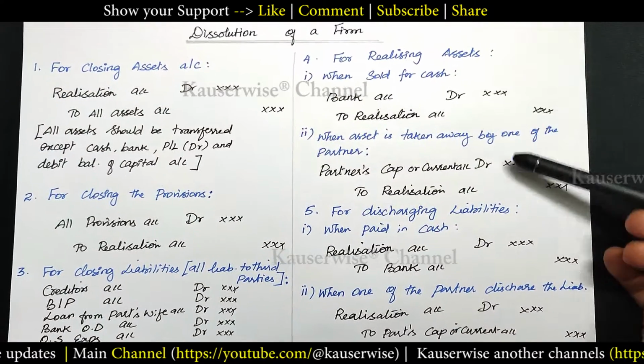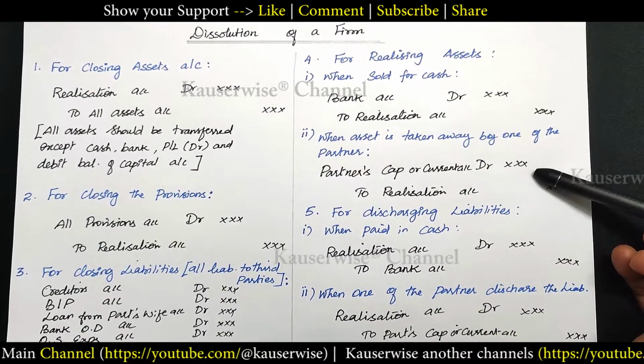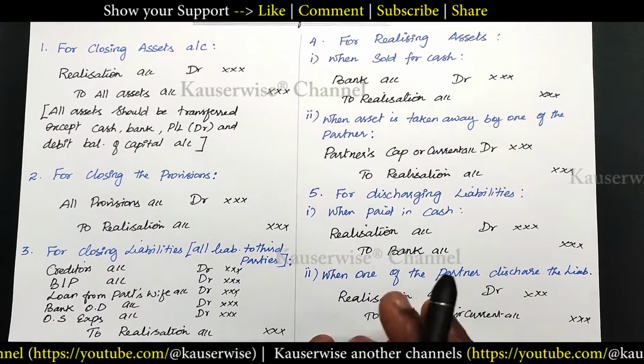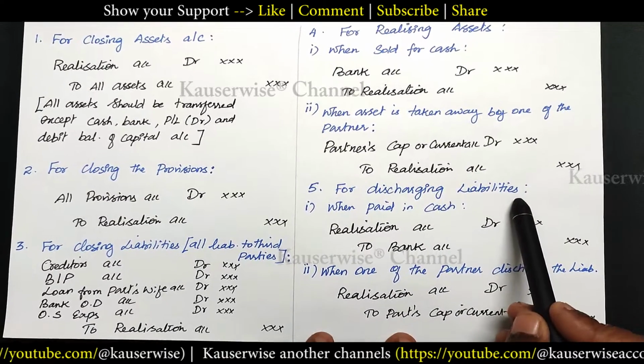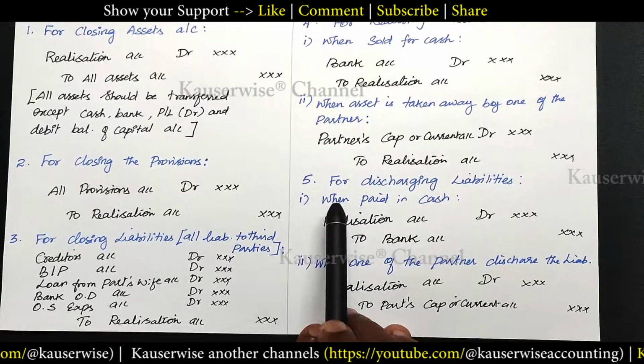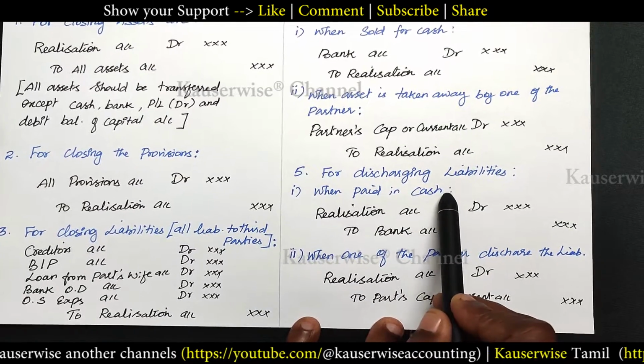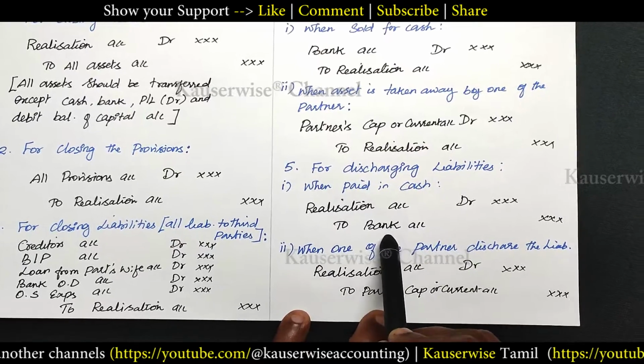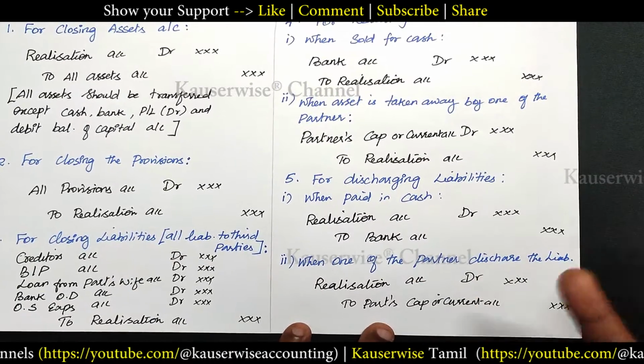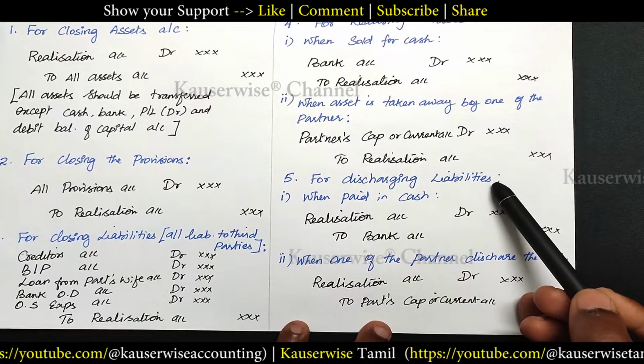And the next one, for discharging liabilities. After realizing all the assets, the next step is we need to discharge. Discharge means we need to repay all the third party liabilities first. When the liabilities are discharged, paid in the form of cash, the entry is realization account debit to bank, because cash goes out now. You are making payment to third party liabilities.